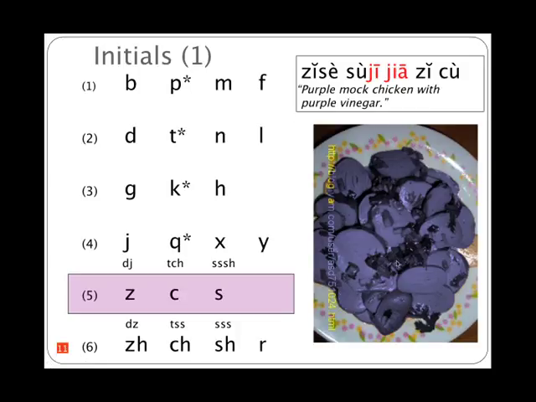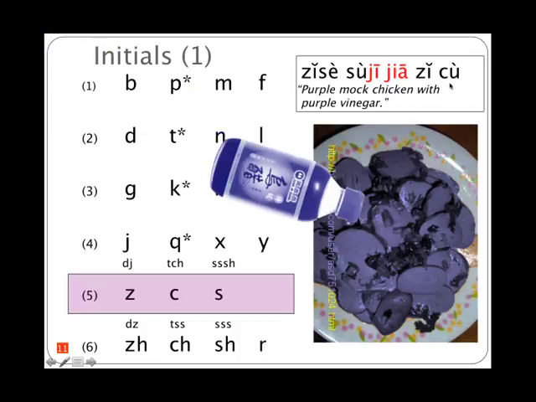All right, time for a tongue twister. Purple mock chicken with purple vinegar. 紫色素鸡加紫醋. A little quicker. 紫色素鸡加紫醋.